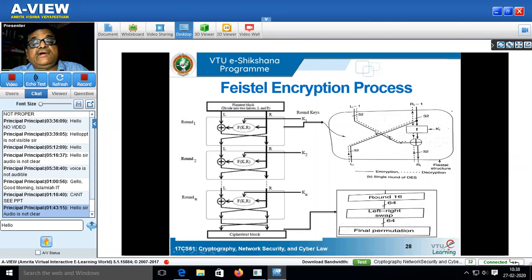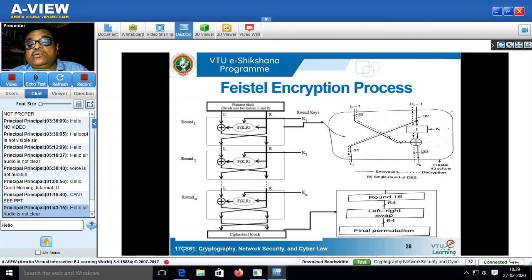And how this particular function is carried out: the left part is the same, but the right part undergoes change by considering a round key as the input and by making use of substitution, following that permutation. These are the activities we carry out.